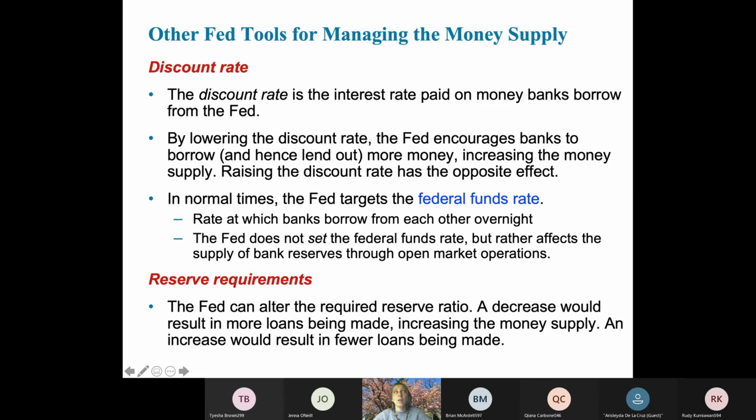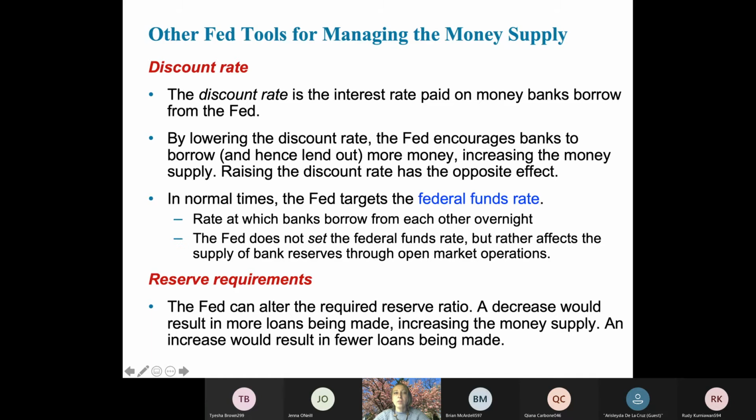So that's how it's all announced usually. We're setting the target for the federal funds rate at, let's say, 2%. Or we are increasing the target for federal funds rate by 0.25 to 2.25%. So if the Fed decides to increase the interest rates, that's how they announce it.